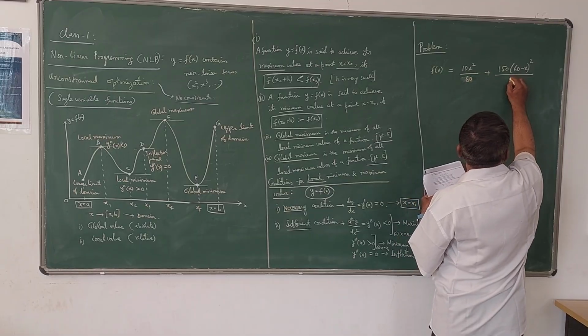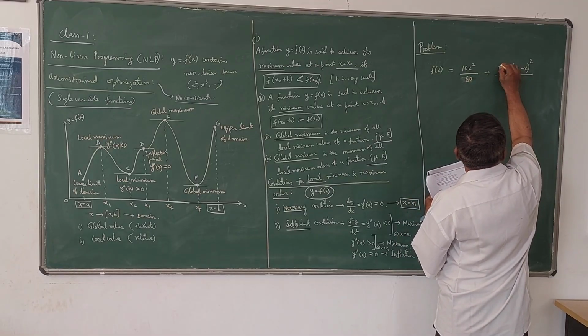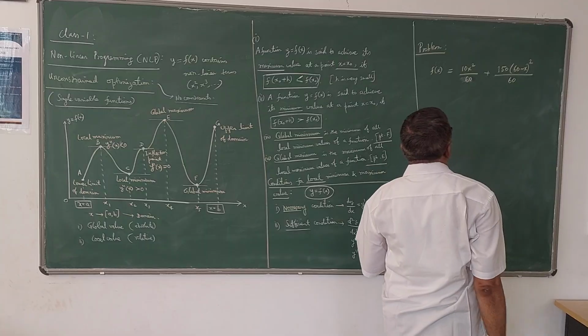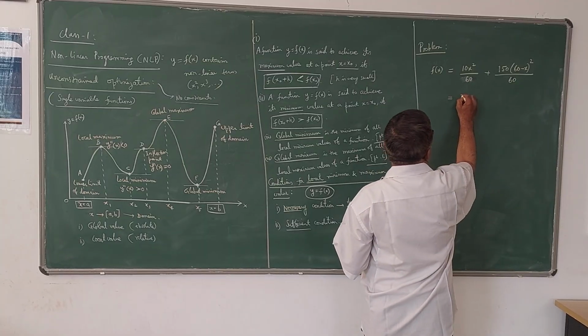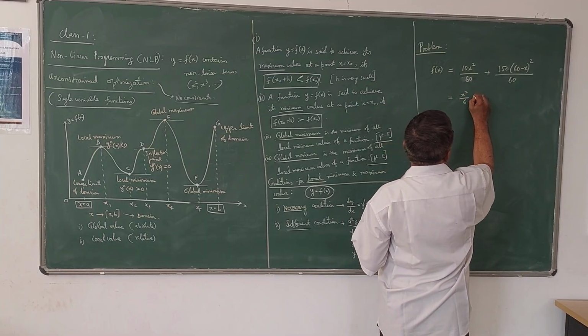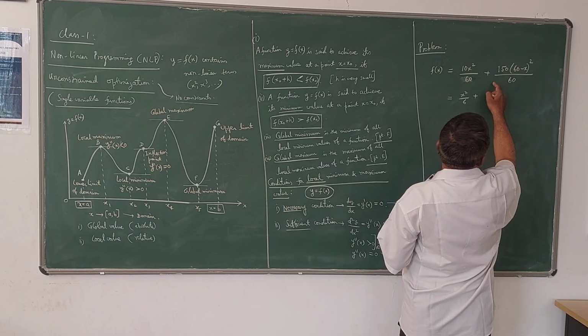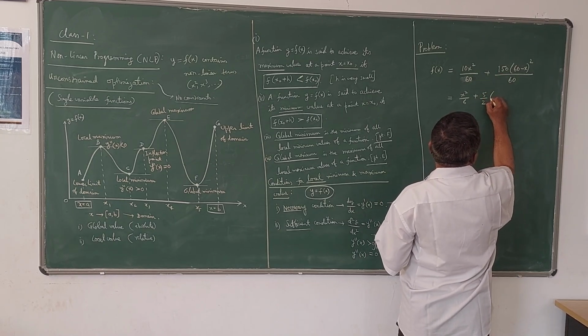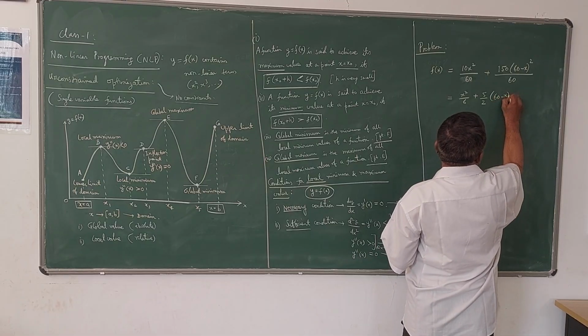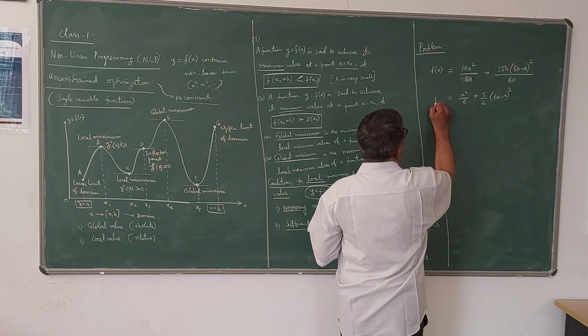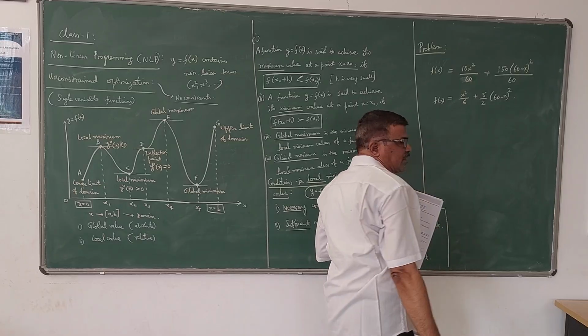This is also 60. Of course, here you can simplify this further: x square by 6, correct? Plus here it is 5 by 2 into 60 minus x, correct? So this is your given function.